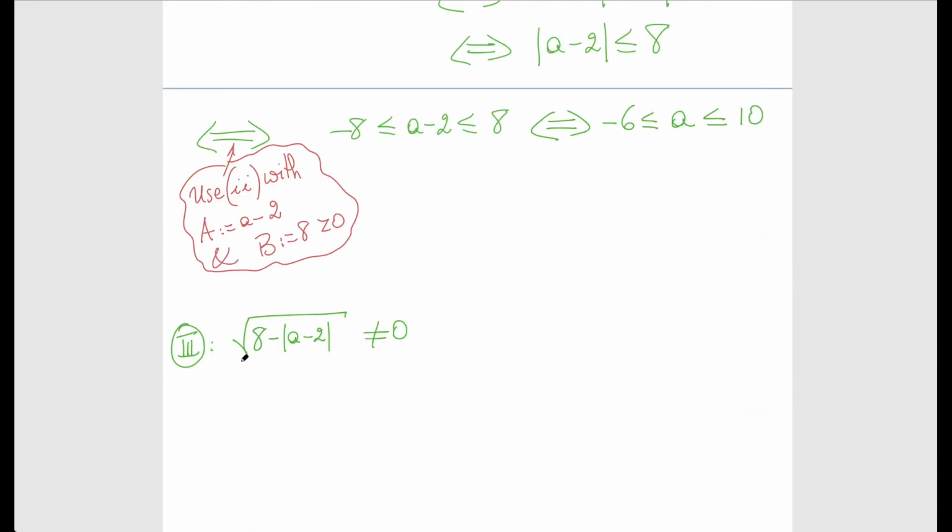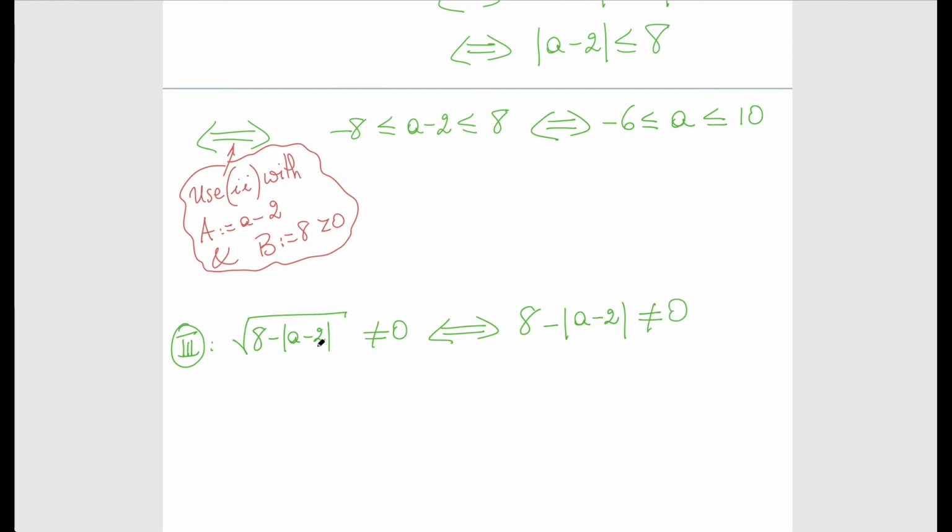Well, when is the square root of something equal to 0? Well, if you raise both sides to power 2, if you apply the squaring function to both sides, you're gonna get this happens precisely when 8 minus the absolute value of a minus 2 is not 0, right?